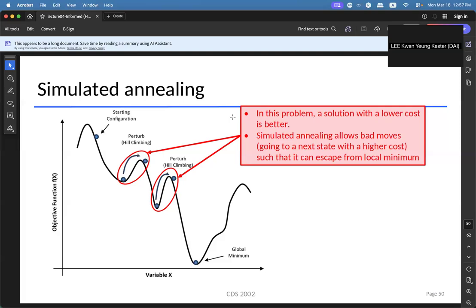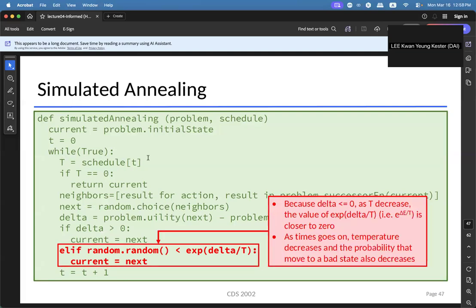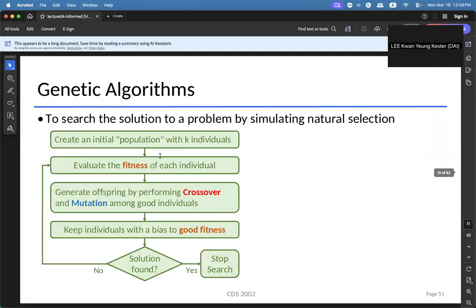We are essentially trying to cover it as much as possible according to the temperature decreasing trend. And we have another algorithm that can do the searching for us.